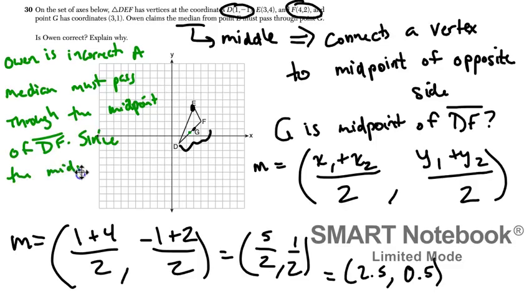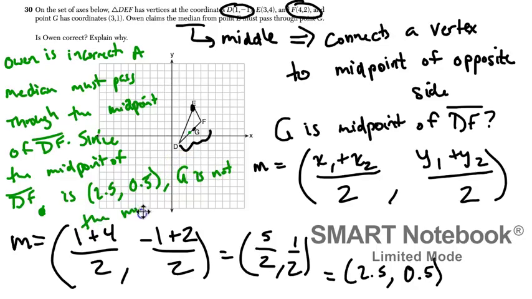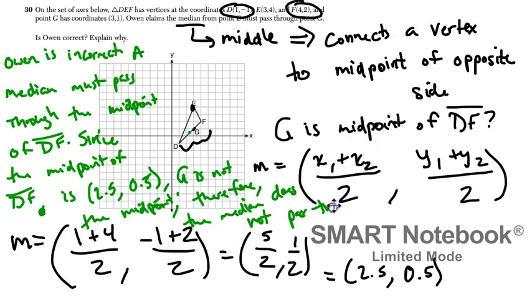Since the midpoint of DF is 2.5 and 0.5, G is not the midpoint. Therefore, the median does not pass through G.